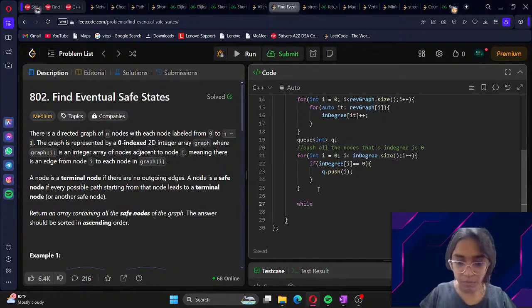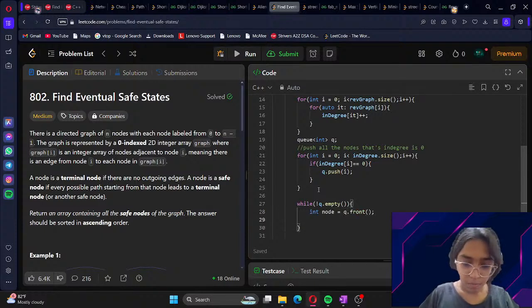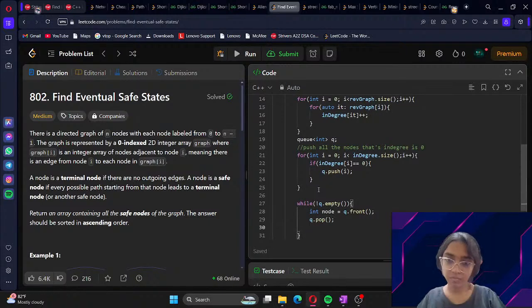Now let's perform topo sort. While q is not empty, node is equal to q dot front, popping it out from q.